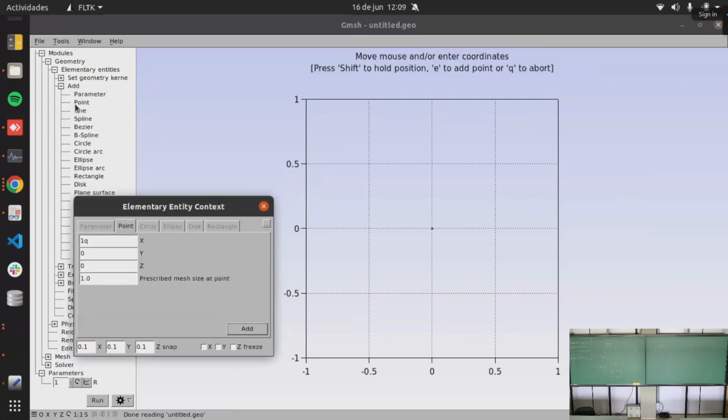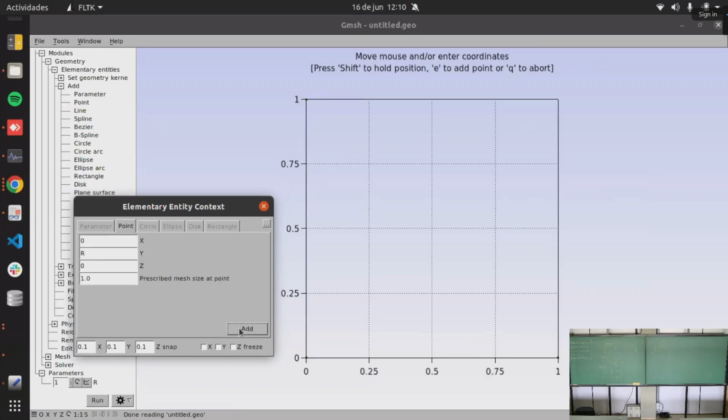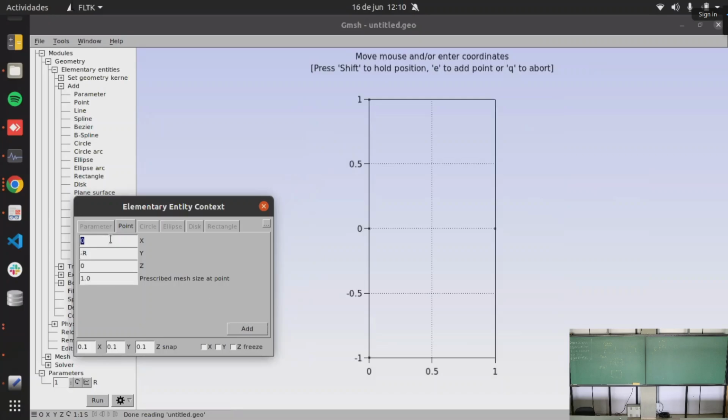After that, we will start to put in the other points. Add the point 0, R, the point that's a quarter of the circle, the point minus R, and the last one, the point minus R, 0.